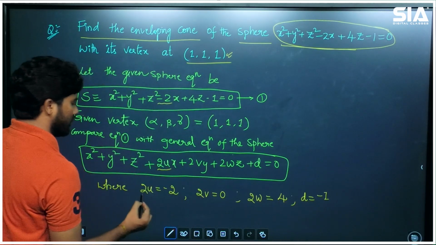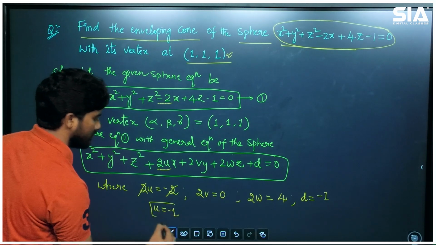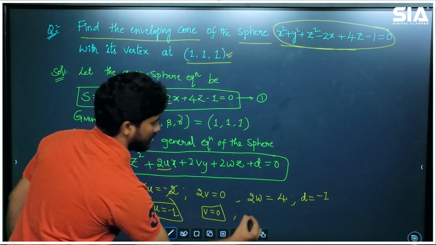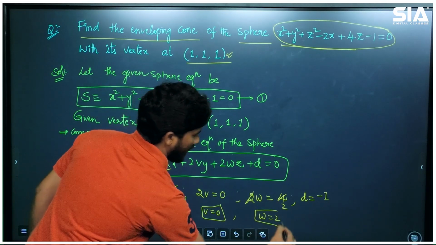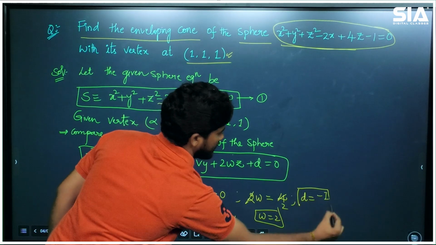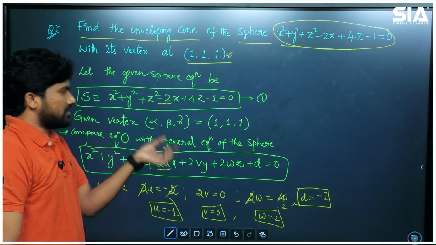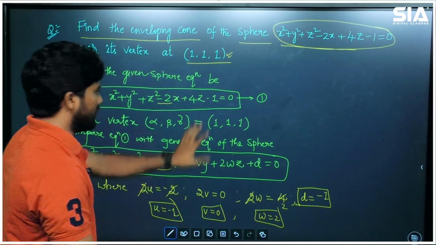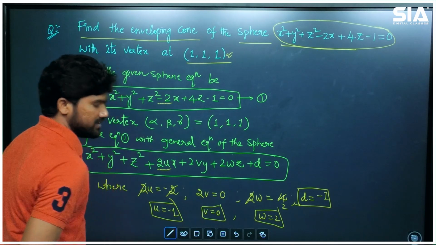So this is the comparison of the given sphere with the general form of the sphere equation.